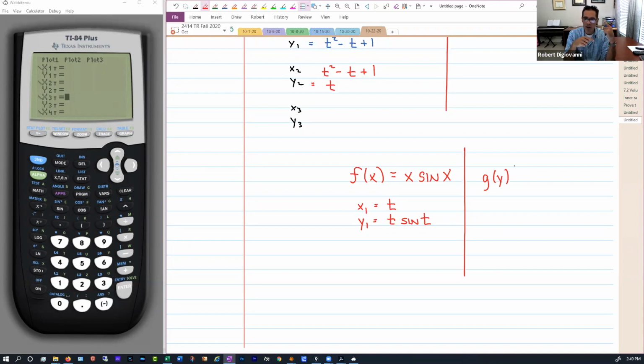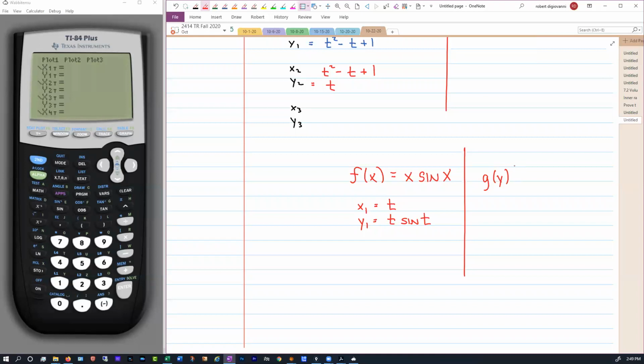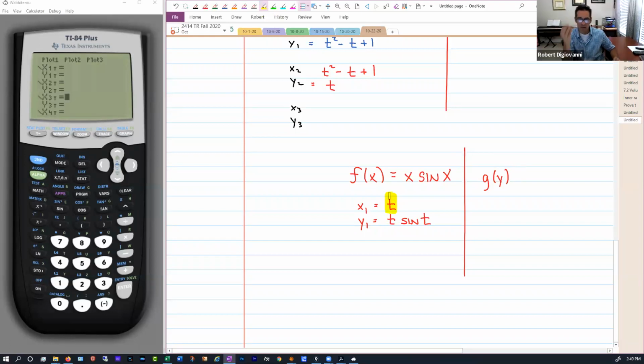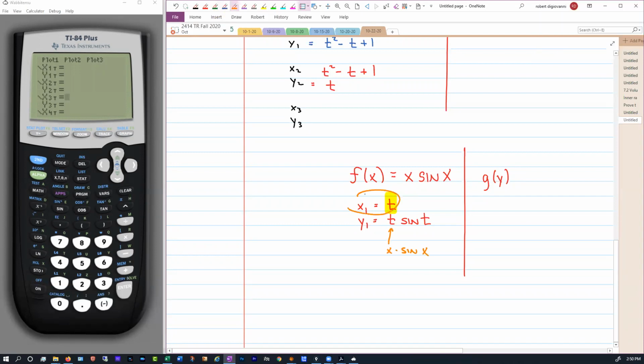It's like a clock running in the background, and so it's drawing as time goes on. If x is t, then isn't this just x times sine x? Yes.